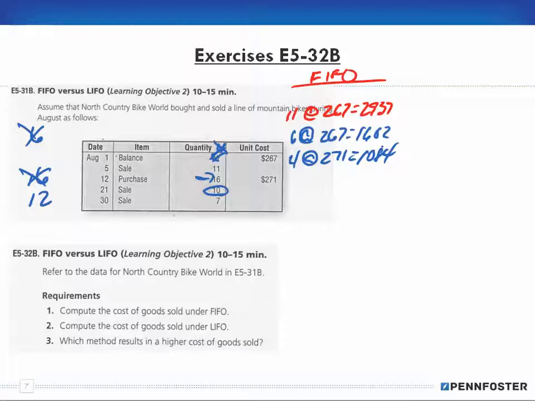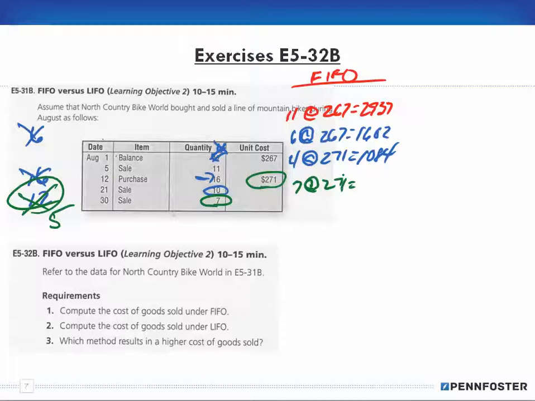Okay, and then we have an additional sale here of 7. So we have to take 7 more out. Well, which ones are the first ones in? The only thing that we have left in inventory are these 12 at 271. So when we take out the 7, that means we will only have 5 left, right? But we're taking 7 out at 271.